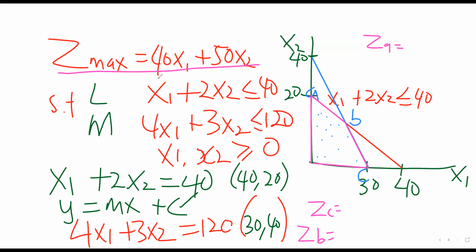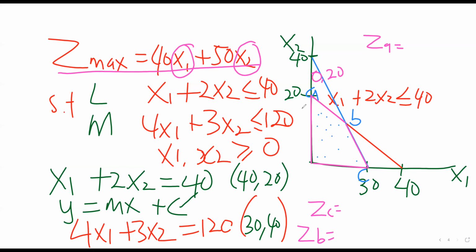Let's go to A. We want to know the value of the Z, that is the profit, if we slot in the coordinates of A. The coordinates of A are 0 and 20. Whatever we see X1, we'll put in 0, and whatever we see X2, we'll put in 20.